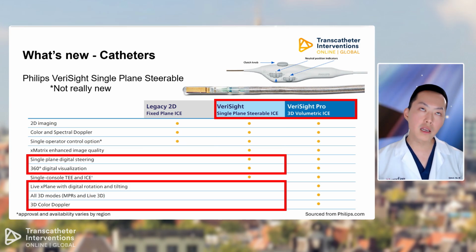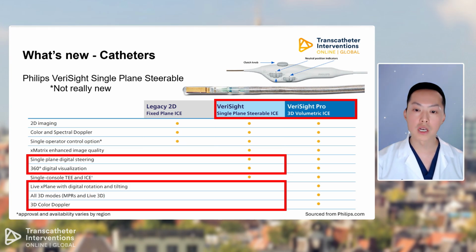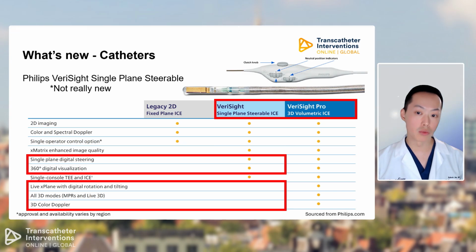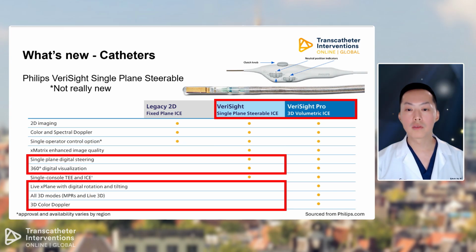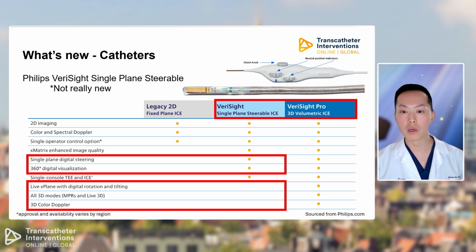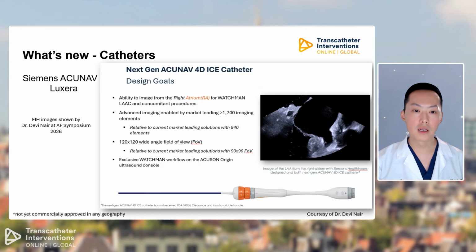And it's kind of 3D, kind of not 3D. But I still think it's relevant to talk about in this particular session, because essentially it gives us some of the 3D capabilities like omniplane and single plane steering, but it does have the live 3D and biplane removed from it. But it does serve as a potentially good cost-effective way to have some of the 3D features, depending on what we're using it for and what particular cases.